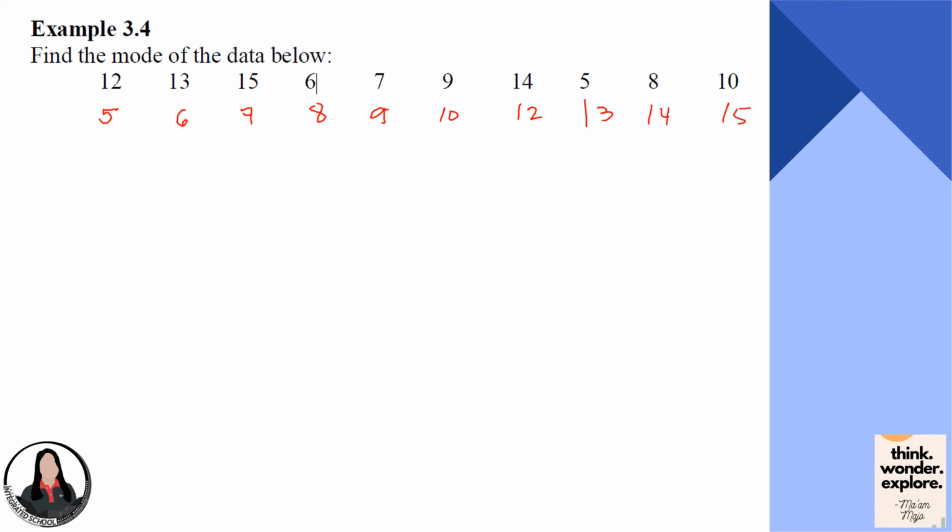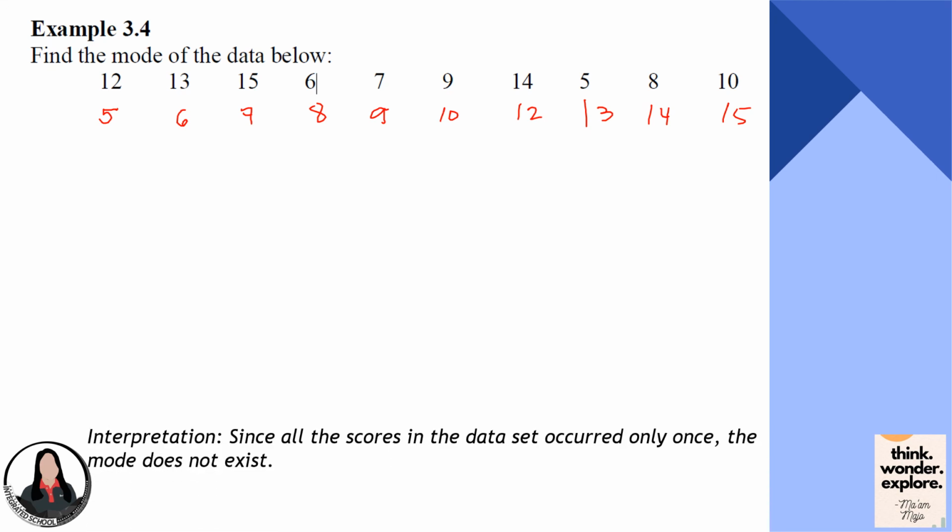Now, let us study the data set. Alin ang score na may pinakamaraming beses nag-appear? Okay, so, kung mapapansin nyo, isang beses lang nag-appear lahat ng scores. Therefore, walang most frequent score. Kaya naman, we can interpret that since all the scores in the dataset occurred only once, the mode does not exist.